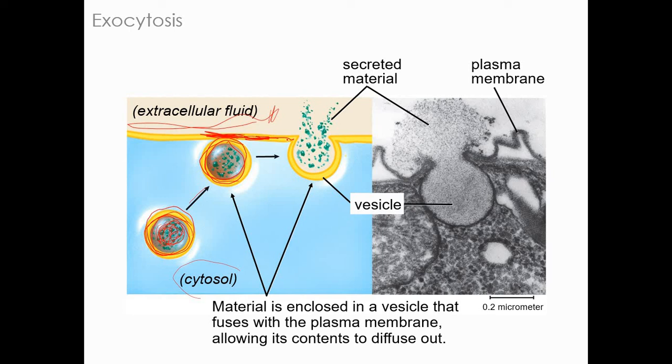Because the plasma membrane is fluid, it allows this vesicle to open and fuse. Because it fuses to the plasma membrane, it is now able to transport, to secrete that material. So that's what exocytosis means.